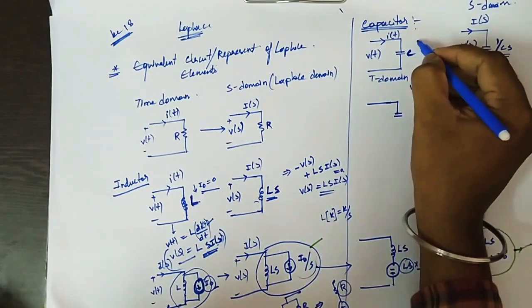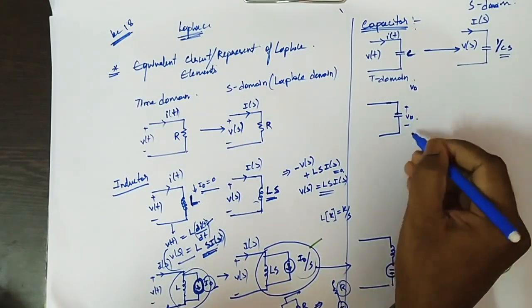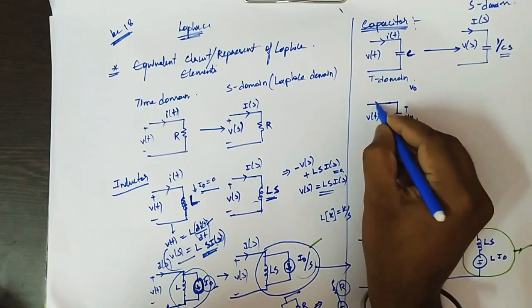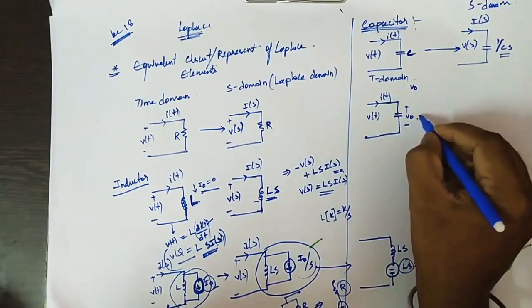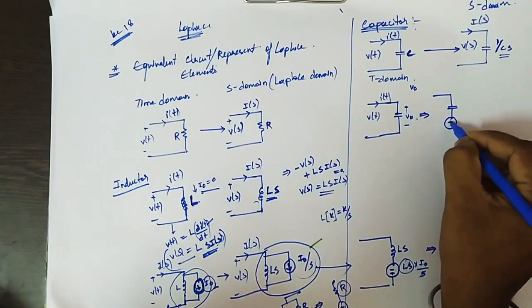If this capacitor having internal voltage V0 will be represented in a circuit form, in series.